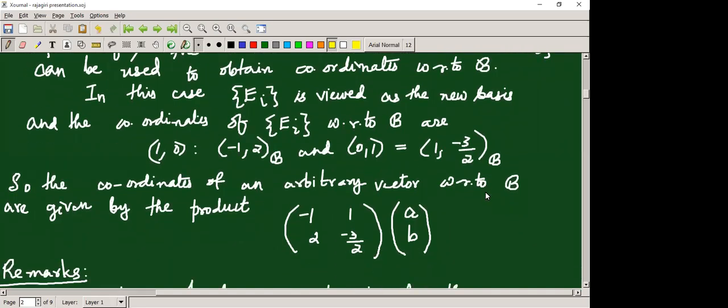So what is our transition matrix? Our transition matrix has columns (-1, 2) and (1, -3/2).